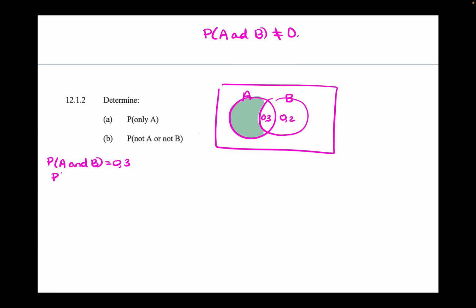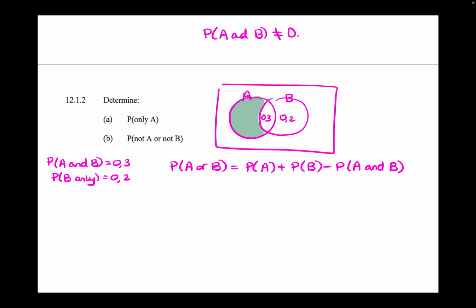The probability of B only is equal to 0.2. We know that the probability of A or B, this is from the formula sheet, is equal to the probability of A plus the probability of B minus the probability of A and B.